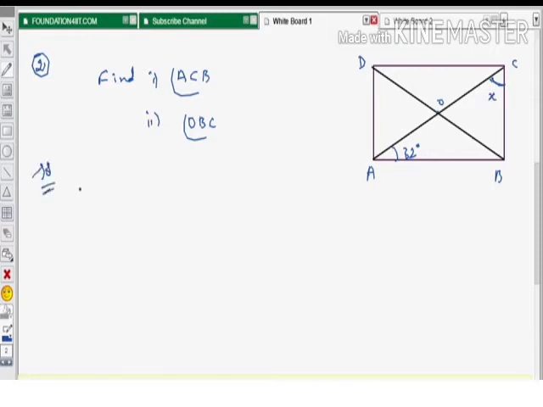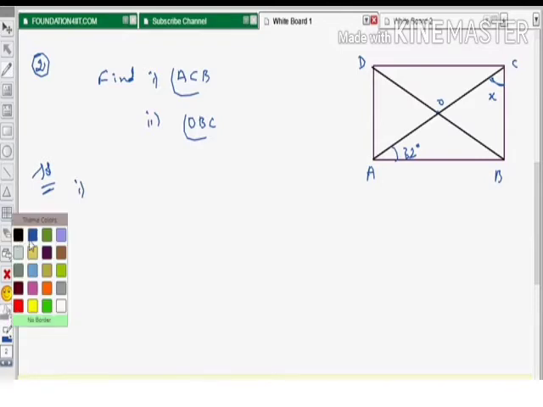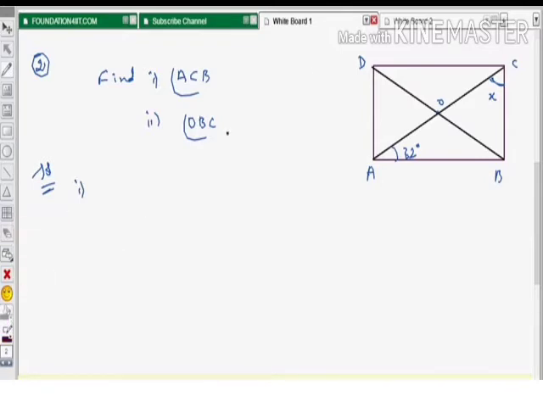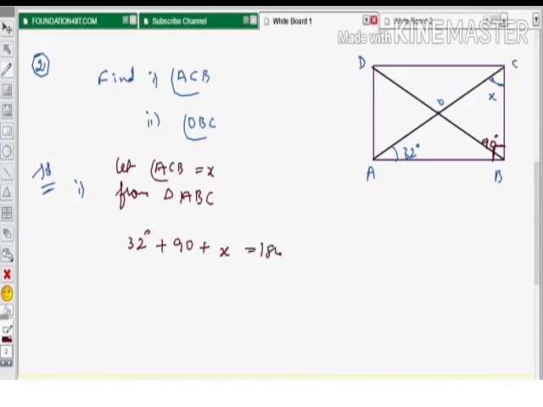When you do this first part, the sum of the angles in a triangle is 180 degrees, and the total angle B is 90 degrees because every angle in a rectangle is 90. Now from triangle ABC, angle BAC is 32 degrees plus 90 degrees plus angle ACB, which I took as X, is 180 degrees.